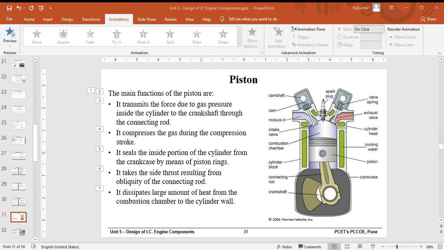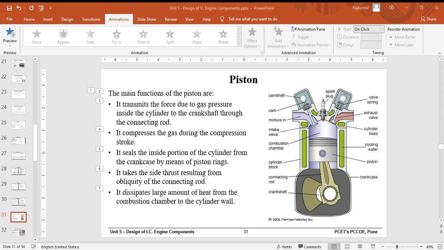Then the average consumption of fuel in a diesel engine is generally taken between 0.24 to 0.30, or m can be expressed as 0.24 to 0.3 divided by 3600 per kilowatt. So the ultimate unit will be kg per kilowatt per second.